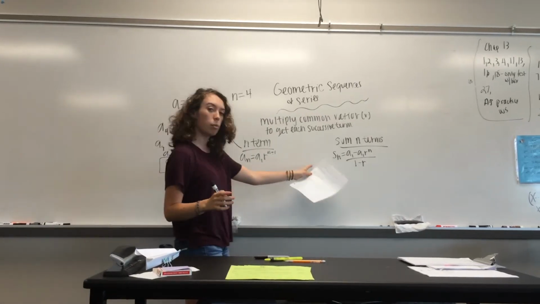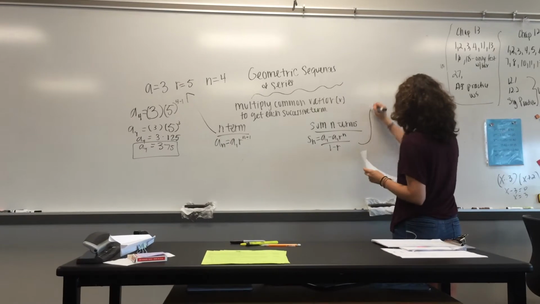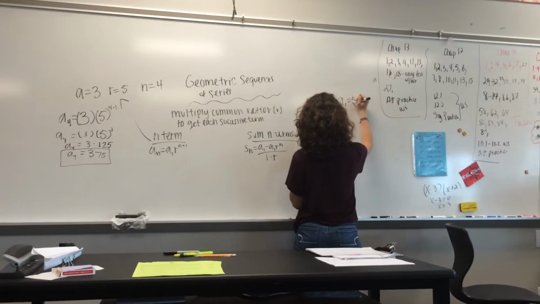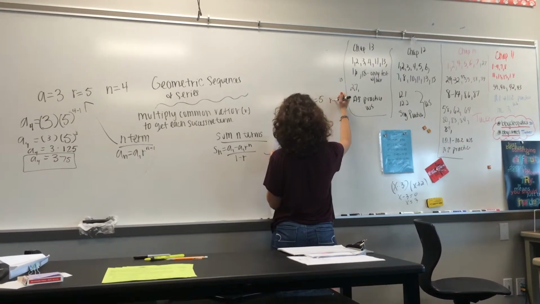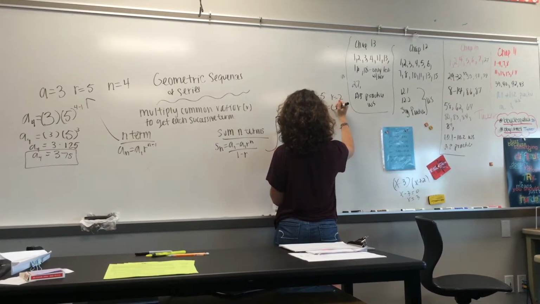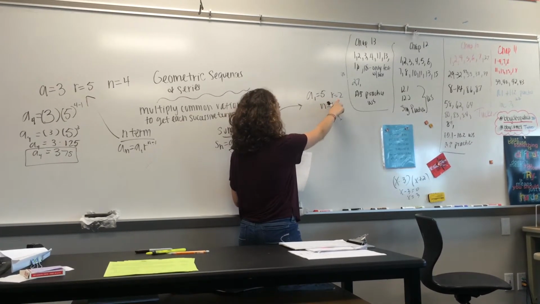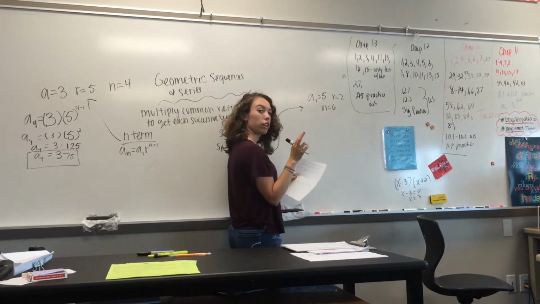Now, for the sum of n terms, in the problem, it tells us that the first term is 5, the common ratio is 2, and then the number of terms that we're adding together is 6.